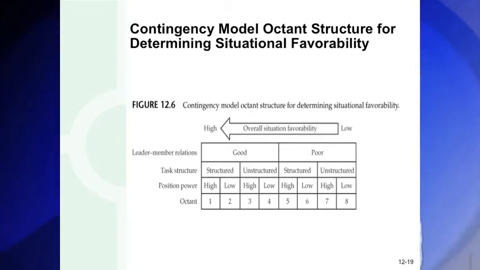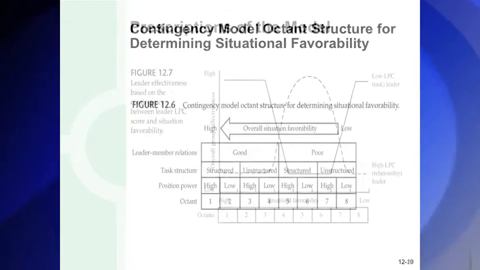Is the task structure itself structured or unstructured, as it relates to good or poor relations? And then again, it talks about the position power as it goes along there, and the octant it finds itself in.